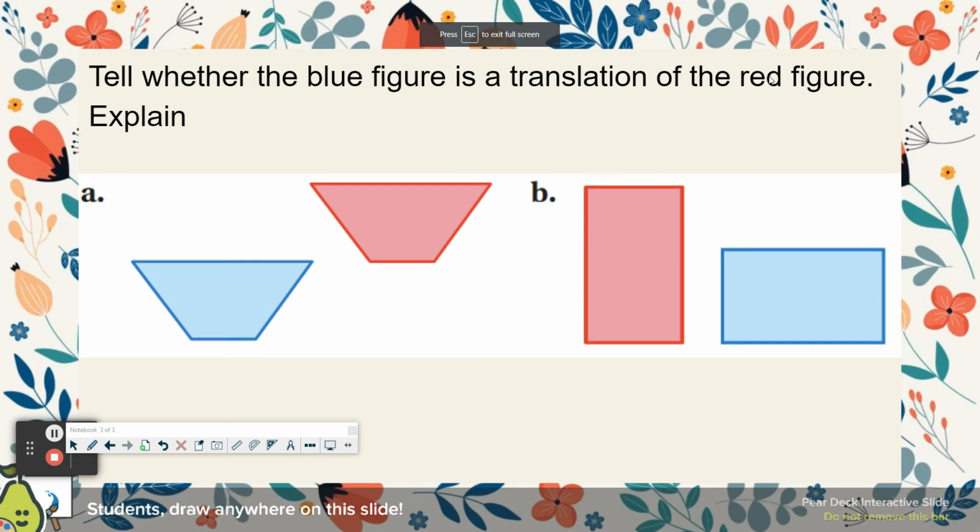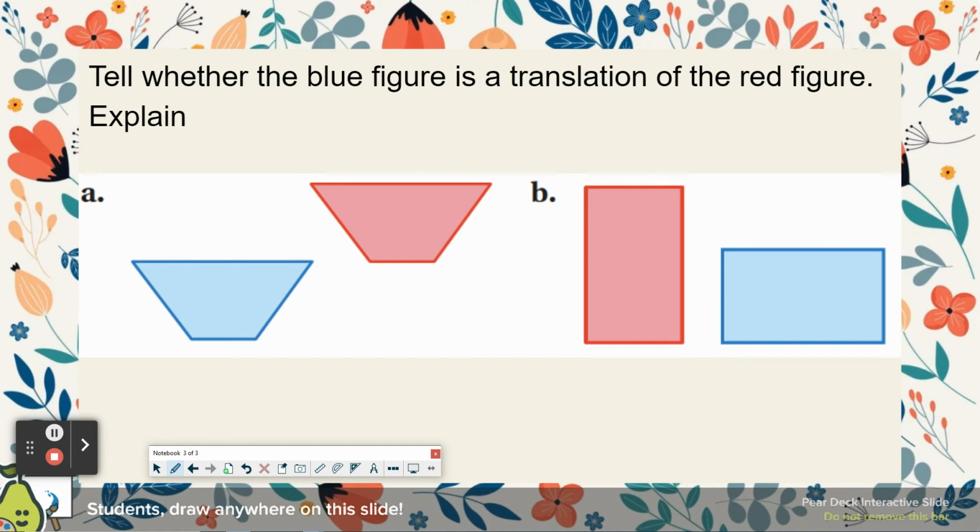Okay, so for our first, we're just going to be very simple. We have to say either yes or no that the blue figure is a translation of the red figure. So A, red's original, right? And so as we slide, we get the blue.